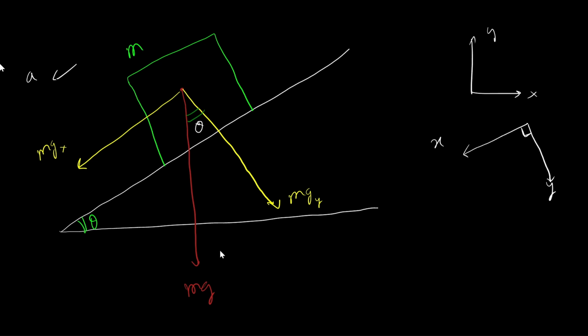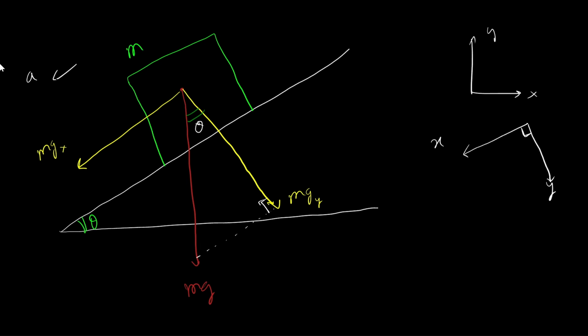So it must be resolved along the x-axis and y-axis in order to proceed with the solution of the inclined plane problem. In this case, the component mgy acts along the y-axis and the component mgx acts along the x-axis.